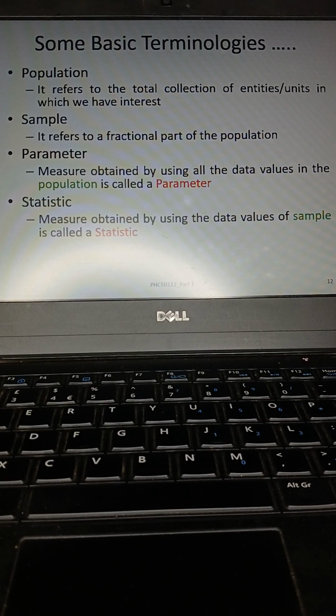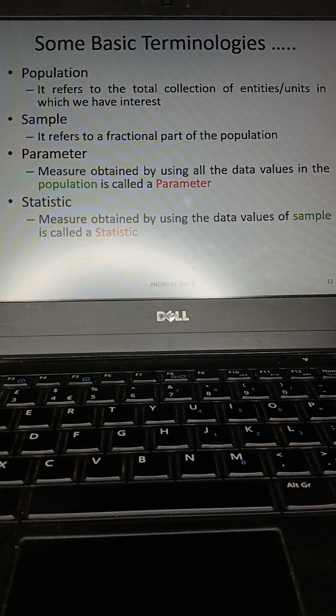And we have the parameter. We have a measure. What is a parameter? Parameter is a measure obtained by using all the data values in the population. So in a situation whereby you are dealing with the whole population, that measure that you obtained is called a parameter. But when it comes to a statistic, the measure that you obtained from a sample is called a statistic.